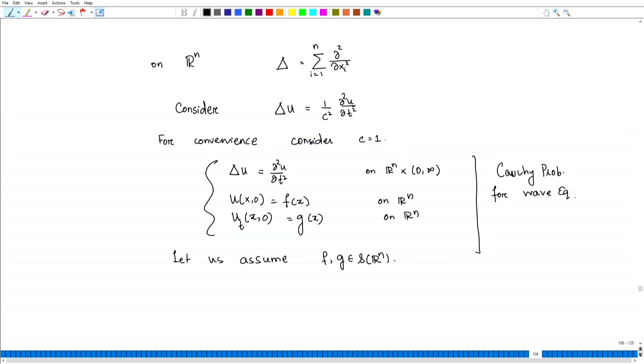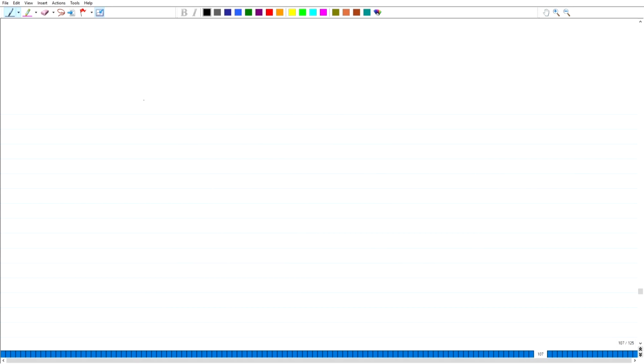Then, like what we had seen in the one dimensional case, we take the Fourier transform on both sides of the equation. We get delta u hat at xi comma t.